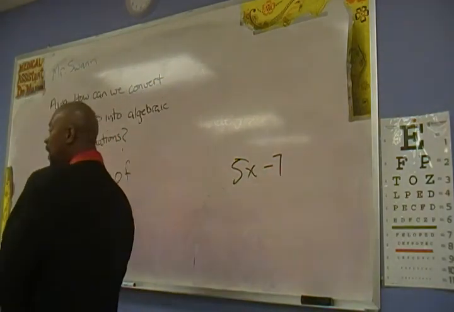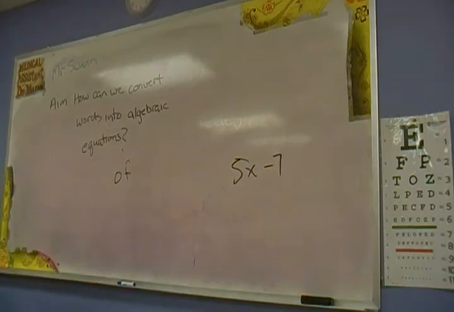Five times the number, decreased by 7. Okay. Right, so your math is getting really good. I'm liking the way that you figure these things out, and you improved a lot. All right.